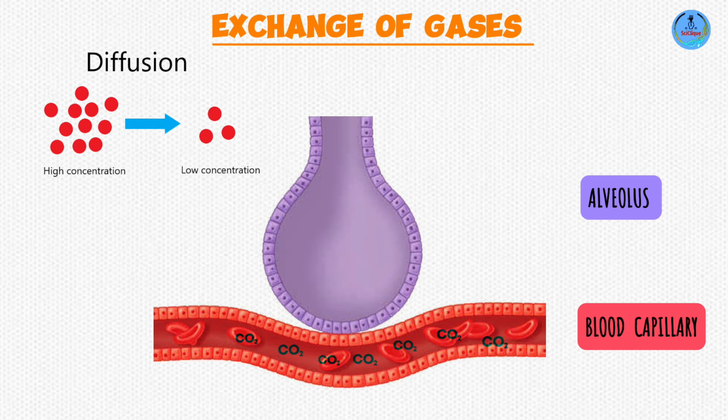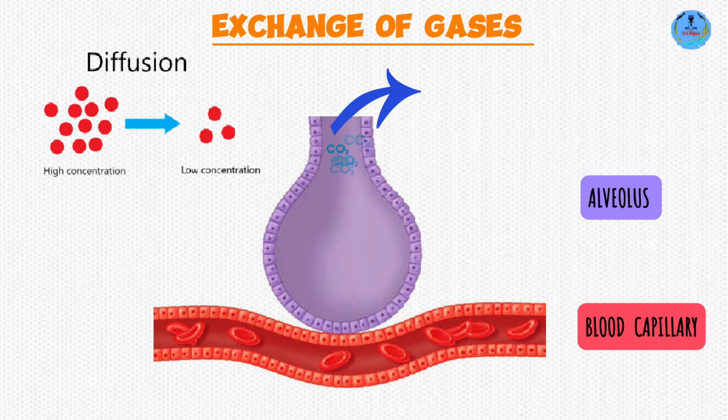So carbon dioxide concentration in the blood capillaries is going to be higher than in the alveoli. So it's going to diffuse out and into the alveoli, where it's then simply exhaled out. And this, ladies and gentlemen, is how gaseous exchange takes place in mammals.